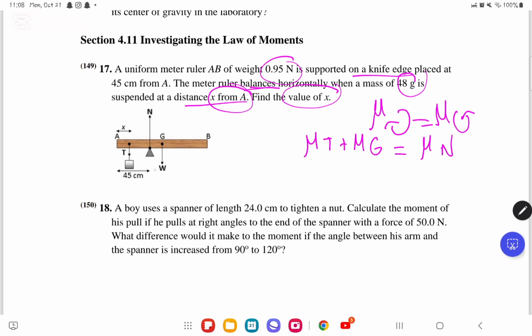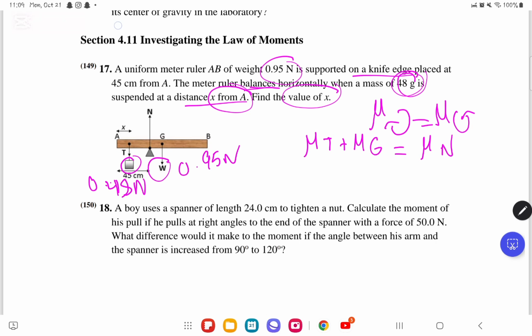First of all, we know how much is the weight, the force W. It's 0.95 newtons. Second of all, we should know how much the force of this is. It is 48 grams. So to change it into a force, we're going to first change it into kilograms. So 48 divided by 1000, which is 0.048 times 10. So it is 0.48 newtons.